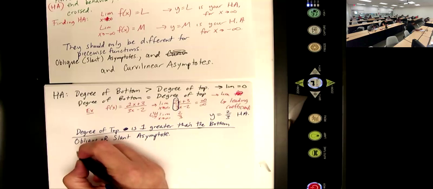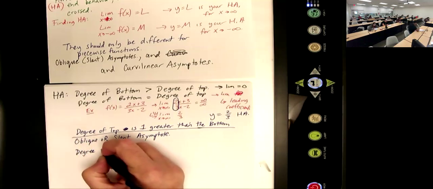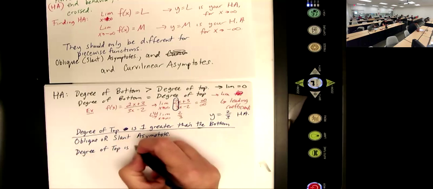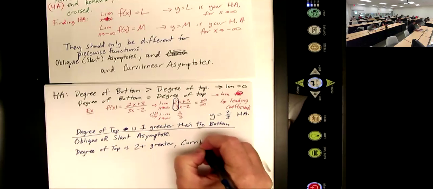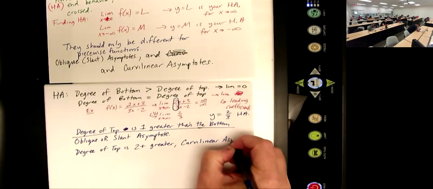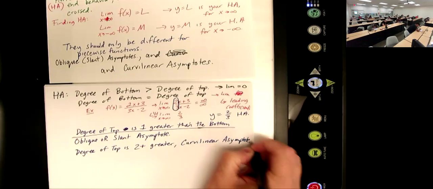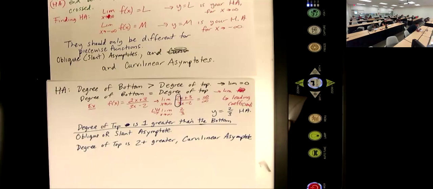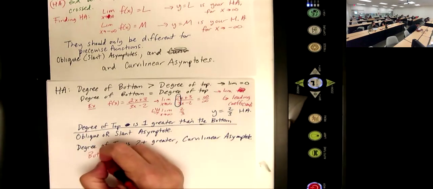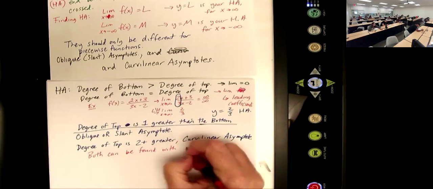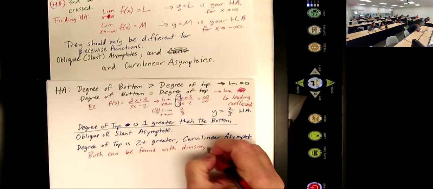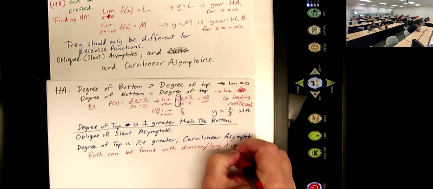And if its degree of top is 2 or more greater, it's called a curvilinear asymptote. And both can be found with division or long division. You need to do the long division. And we'll do some examples, you'll see what I'm talking about.